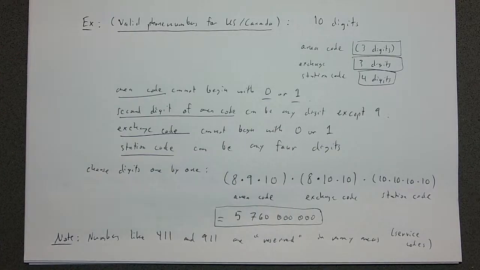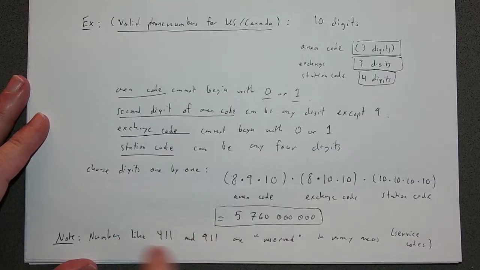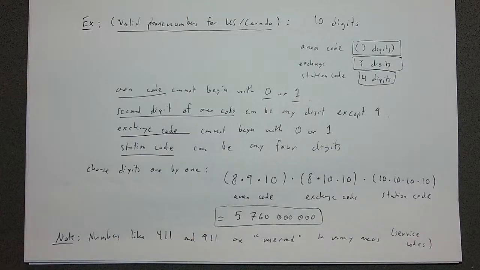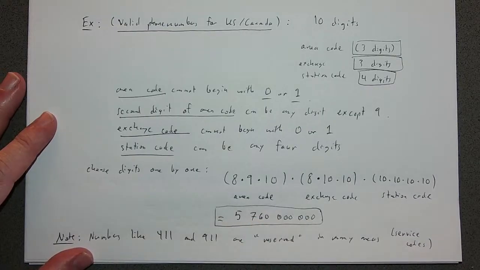So how do we account for this? We have computed the total number of valid phone numbers where we're not thinking about this. Let's now say we're going to exclude numbers where the area code or the exchange code end with 11, end with 1 and 1.